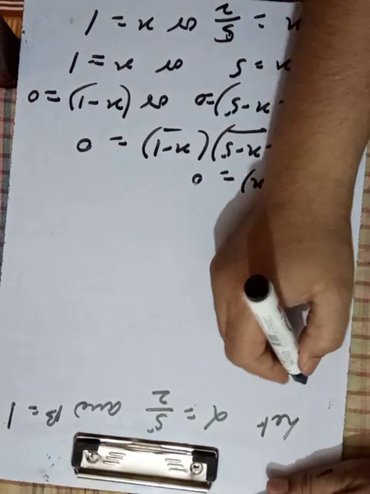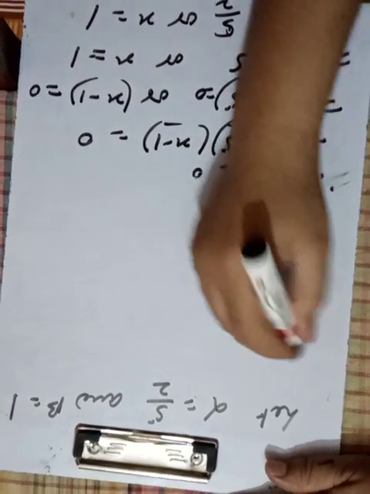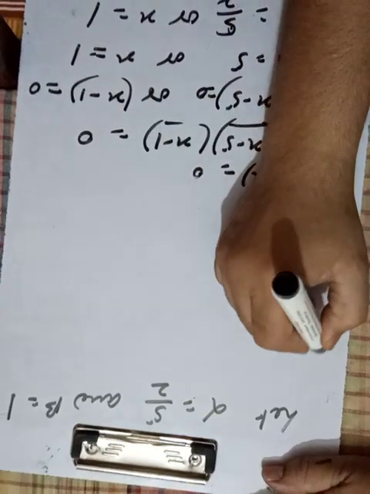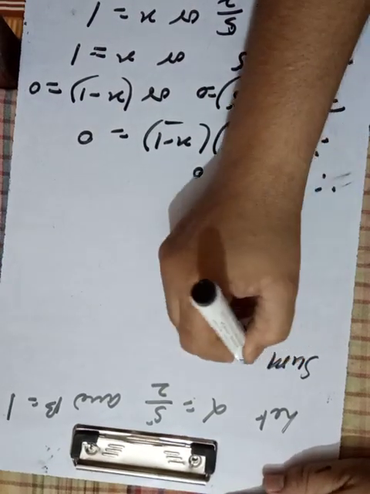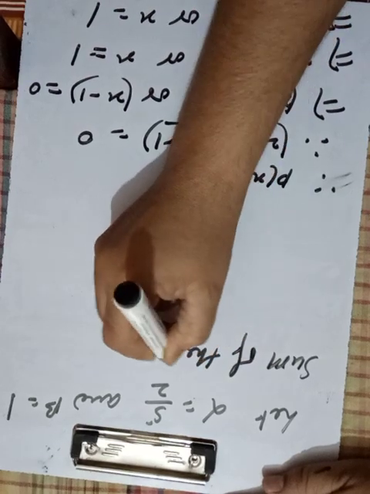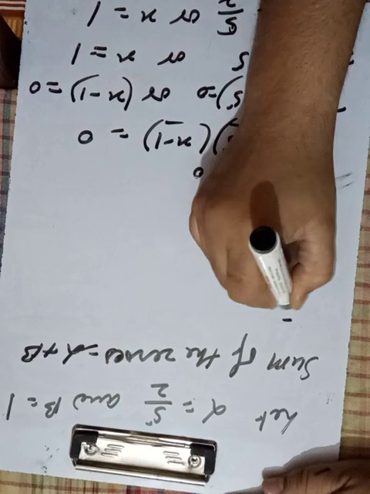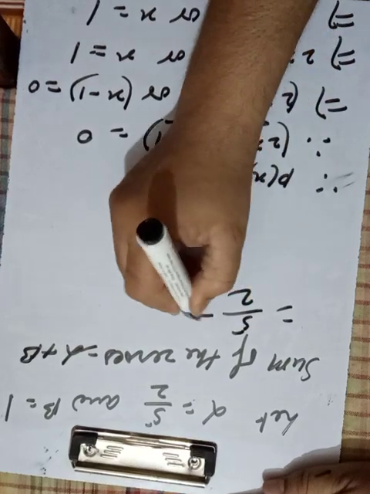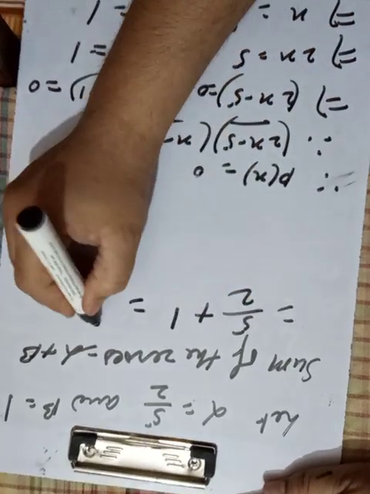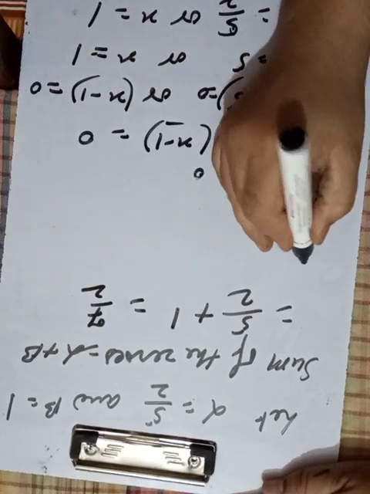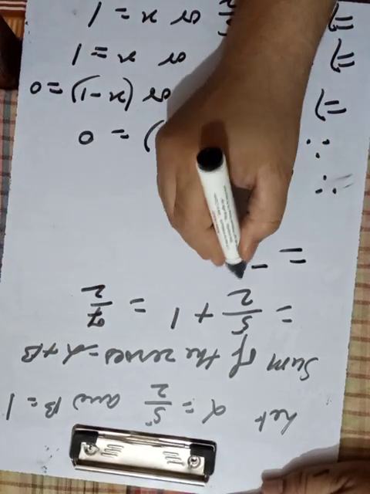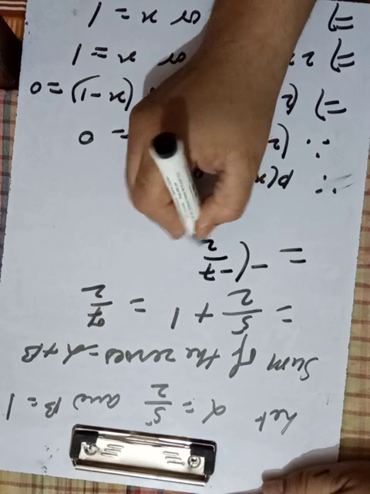Now we go further and check the sum of the zeros. Here the sum of the zeros is equal to alpha plus beta. So this becomes 5 by 2 plus 1. So this becomes 7 by 2. And this 7 by 2 we can write as minus of minus 7 by 2.